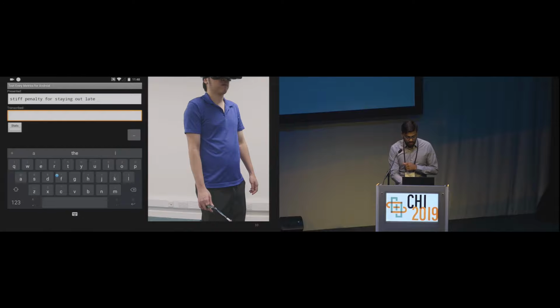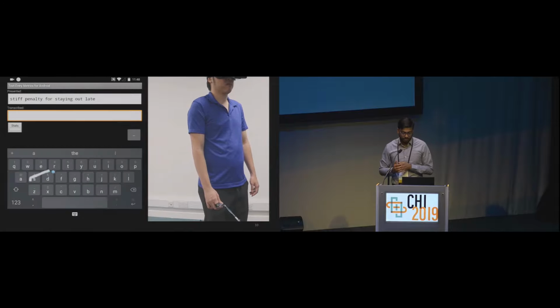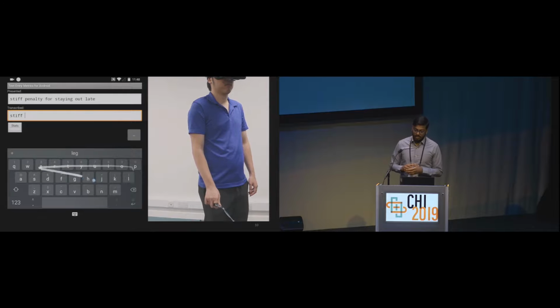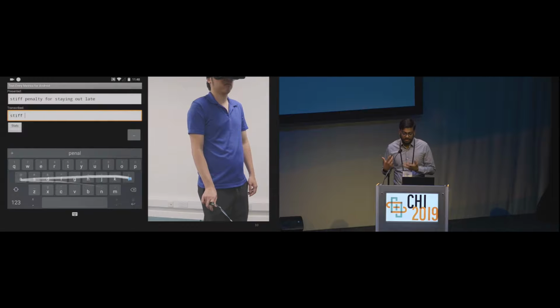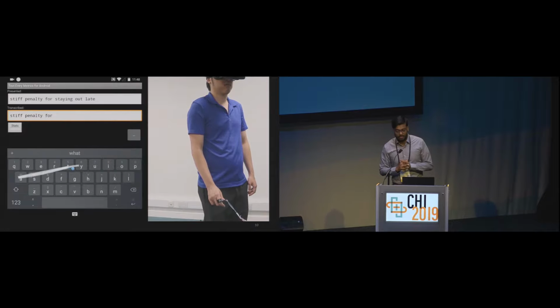So this is how the user does it in the hand down pose. Notice how relaxed and subtle this interaction is compared to what we do with controllers in VR or even with the touch on the glasses. It's a difference of night and day in terms of fatigue.